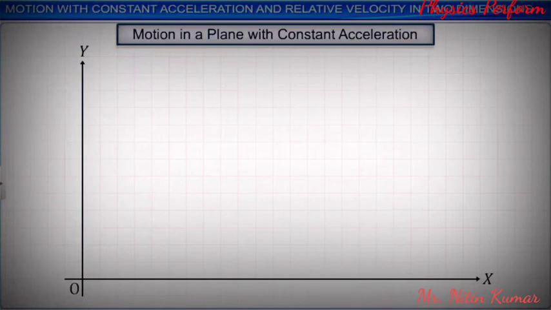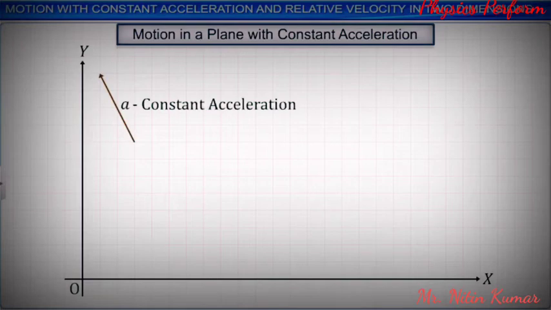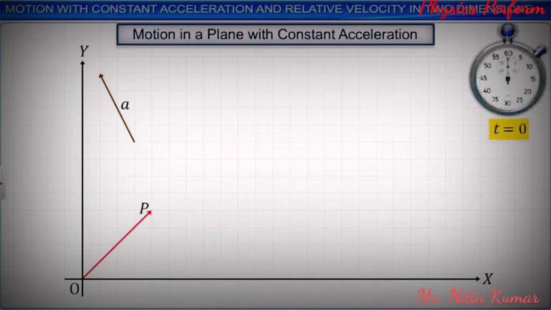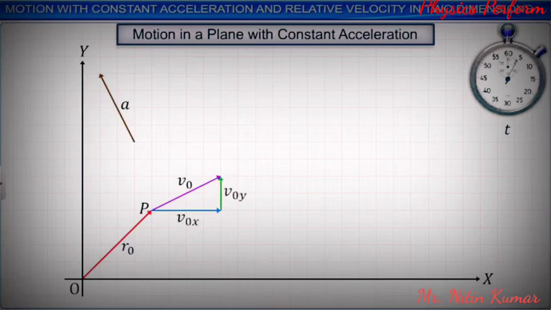Consider a body moving in the xy plane with a constant acceleration a. It is located at point P at time t equal to 0, which has a position coordinate r0 and velocity v0. It reaches point P' at time t seconds, has a position coordinate r and velocity v.